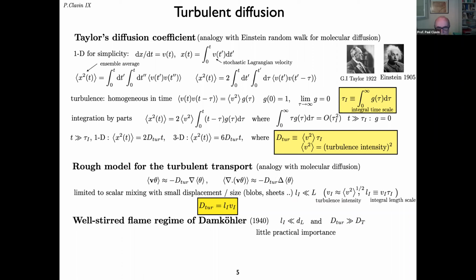There is another limit for the turbulent combustion which was considered in the past, called the well-stirred flame regime of Dampf-Köhler, where the integral length characterizing the correlation function of the velocity field is much smaller than the laminar flame thickness.